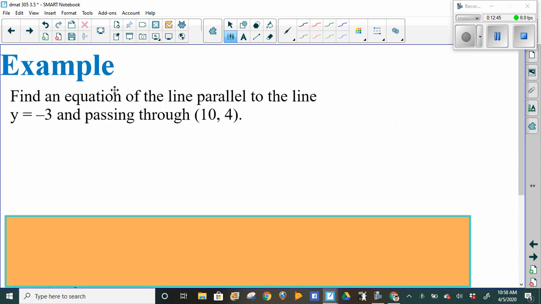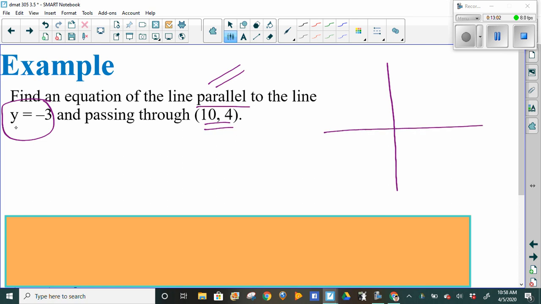Find an equation of a line that's parallel. So remember, parallel means they don't touch. And it has to be parallel to this line right here, but it has to go through this point. So again, think about what it looks like. So first we have this equation right here, y equals -3.